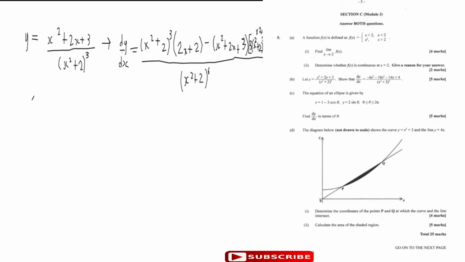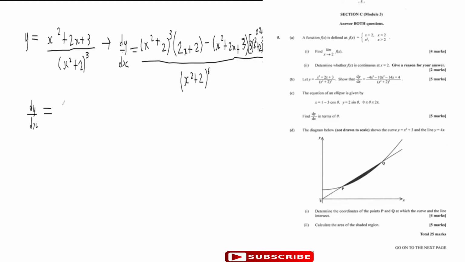All right, so hence dy by dx is equal to, let's expand this across. Now, first thing, I'm not going to expand this across. This will be too difficult, or it will take too much time.